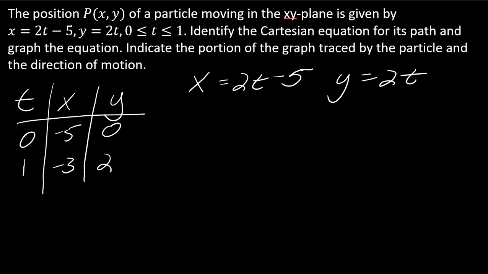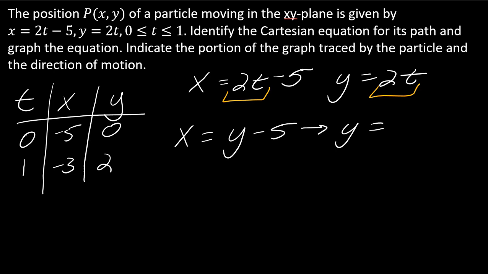Now, the thing that I notice is this is 2t, this is 2t. So I could totally just replace my 2t with y to rewrite this as x equals y minus 5, and then I get y equals x plus 5.